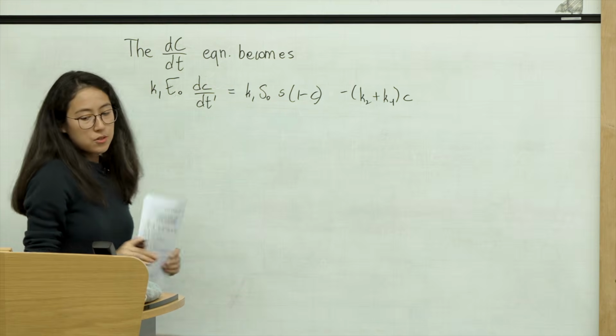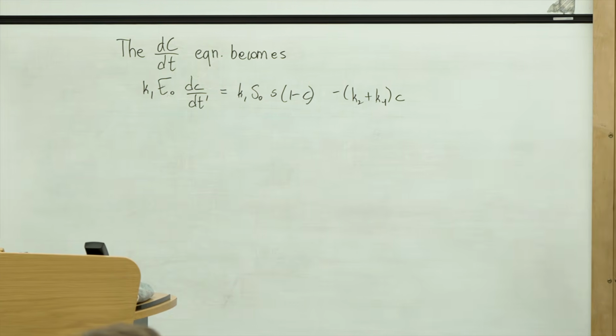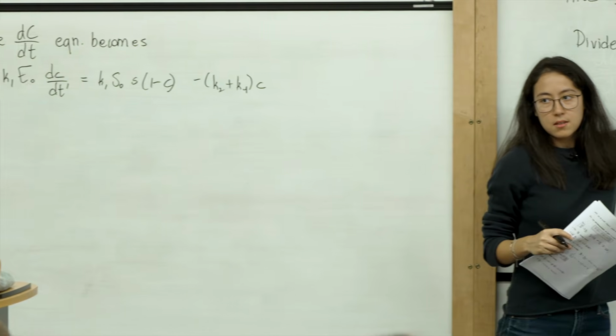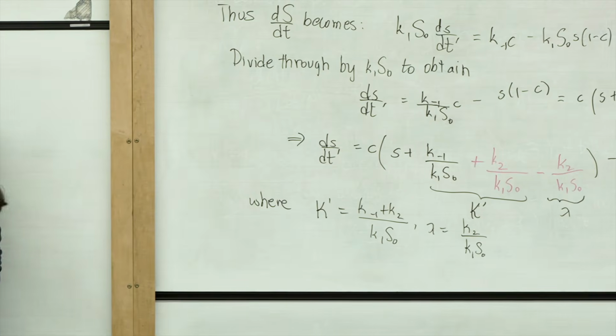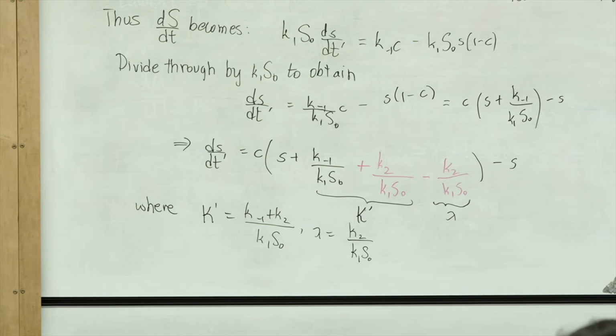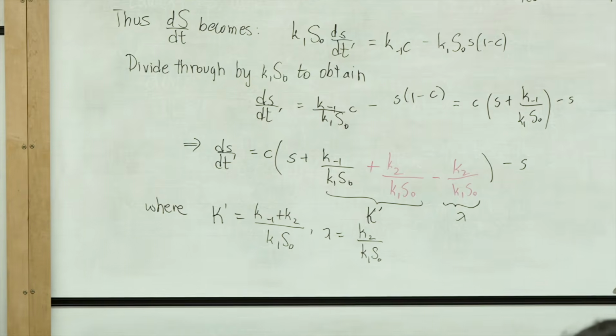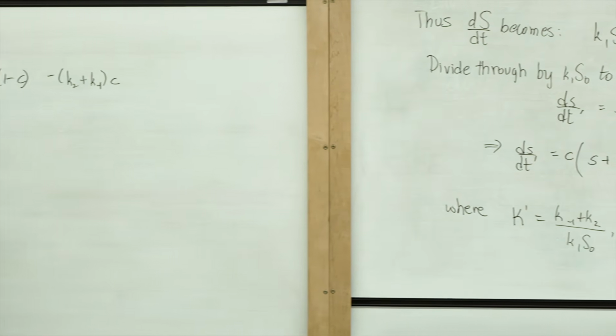All right, so I will do exactly the same thing that I did here. So notice here, in order to get rid of the constant in front of this, I just divided through by it. Now I want to, despite the fact that I have E0 here, I will still divide by the substrate initial concentration. And there is a reason for that. There will be a small parameter, basically, that multiplies my derivative there.